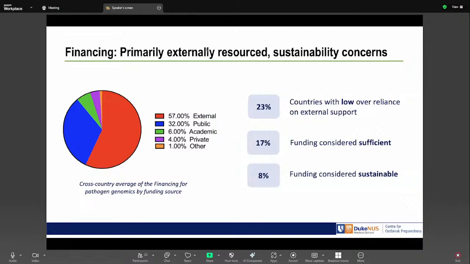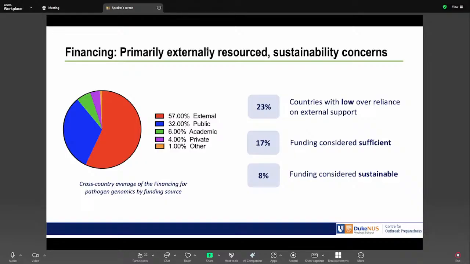We found that financial sustainability is a big thing. So 23% of countries, okay, if we flip the numbers here, because my director at the time didn't want the numbers to sound negative, he wanted to sound positive, 23% of the countries have low reliance on external financial support.